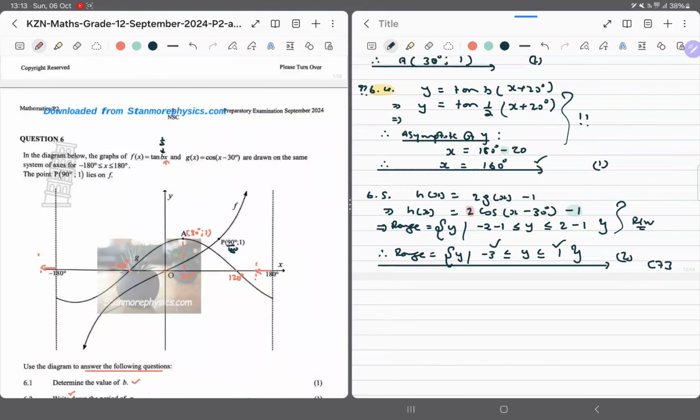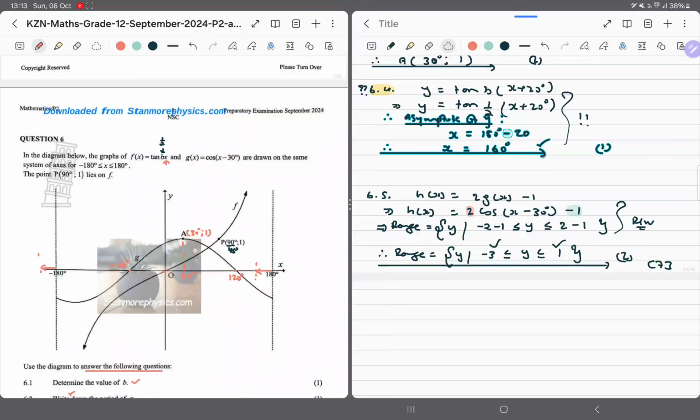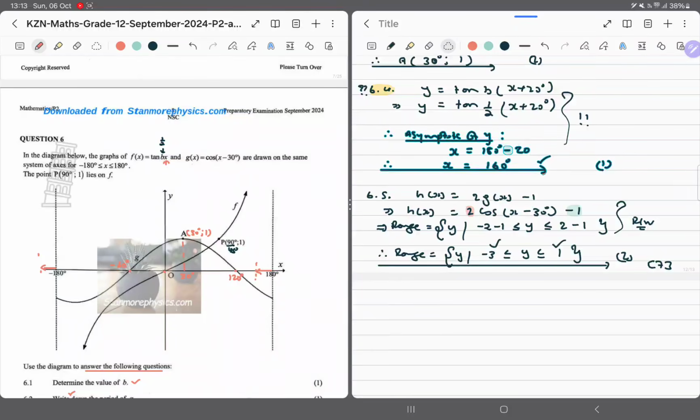If, of course, you feel confused by what I just did, please ask your teacher to elaborate, if the memo is not doing that already. The good thing is that there is a memo here. Yeah, let's just leave it here. There is a memo on this paper. So please do it.